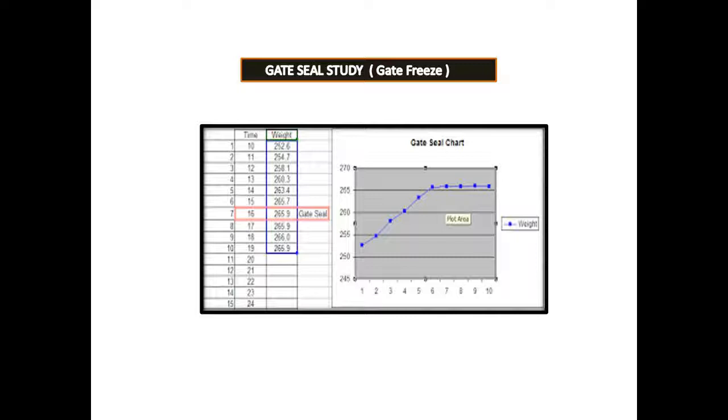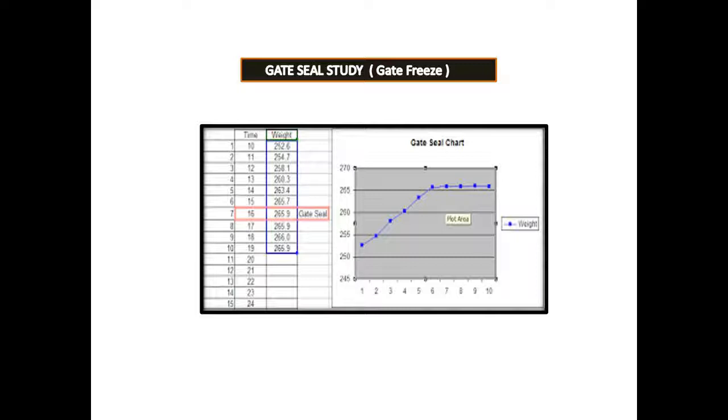Now, what's important to note is there's a fluctuation in the weight as you increase hold time, and what you do is you keep adding a second, so 10, 11, 12, 13, 14, 15, 16, 17. And if you look between 16 and 17, the part weight has stabilized.